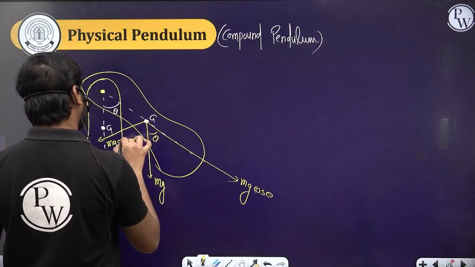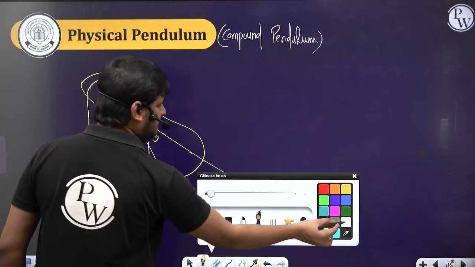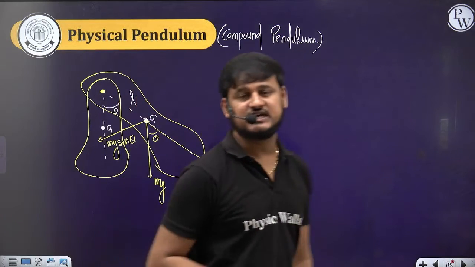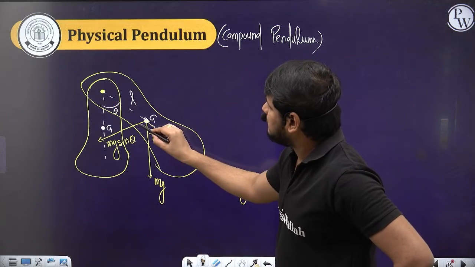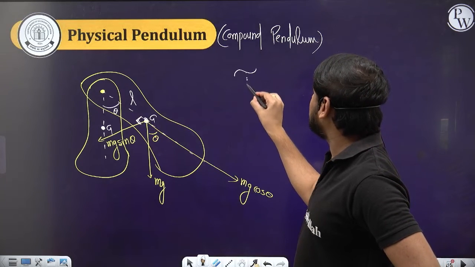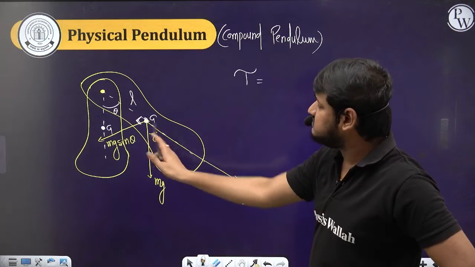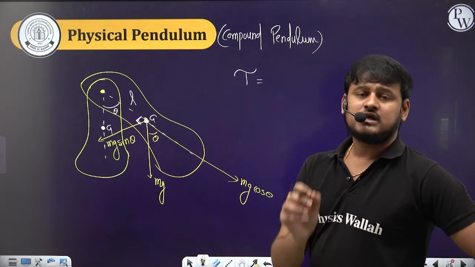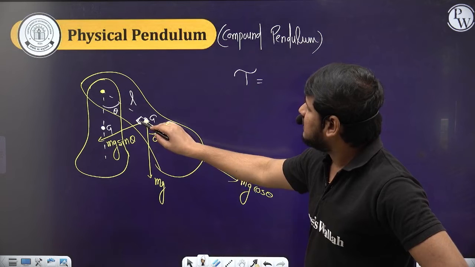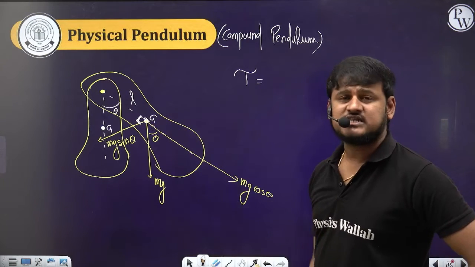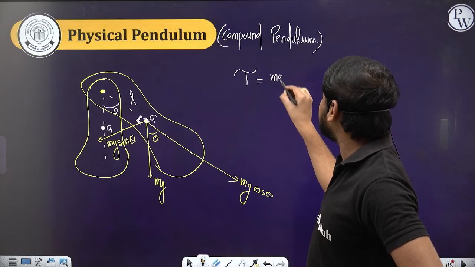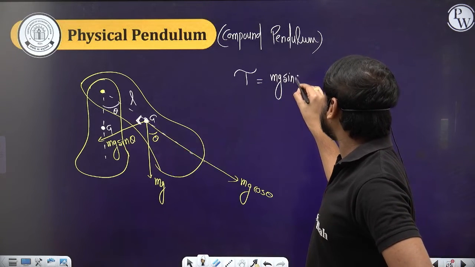Then let's say the center of gravity is at a length L. Now this will be the perpendicular one. The torque is due to only mg sin theta. What is the torque formula? Torque is equal to r cross f, right? Here this angle is 90 degrees, so we can simply write r into f, that is L into mg sin theta. The torque will be there due to only the perpendicular force.